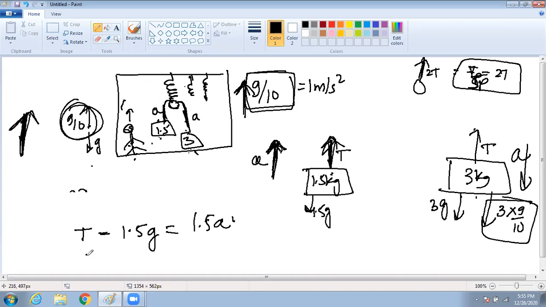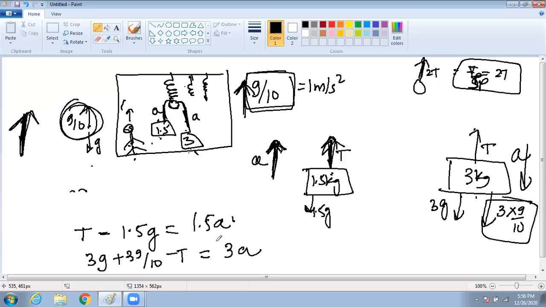This will move down, so it will be 3g. This also is moving downward, correct? Plus 3g by 10 minus T is equal to how much? This is moving downward, so 3a, correct?